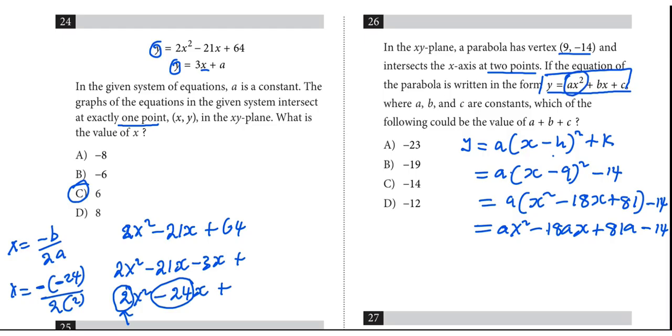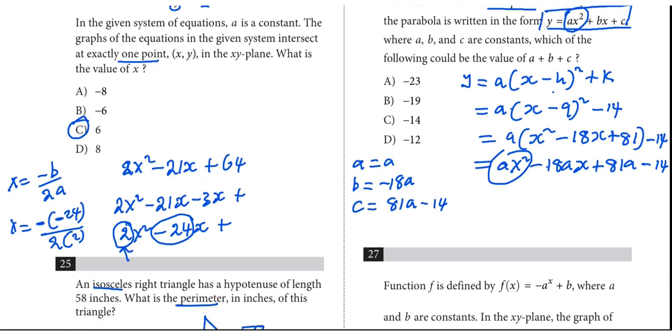Okay, if we compare them, then a will be equals to a in this case, and also negative 18ax corresponds to bx, so automatically b is equals to negative 18a, and c corresponds to 81a minus 14.